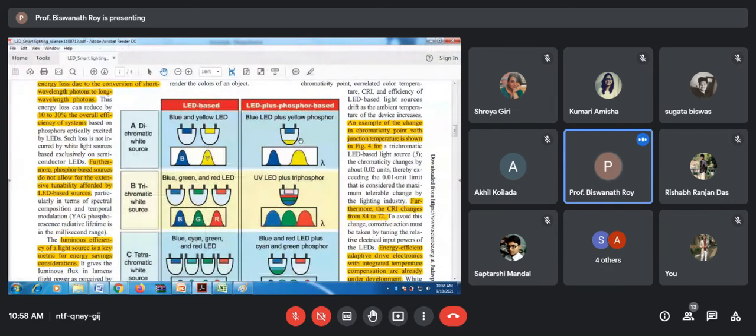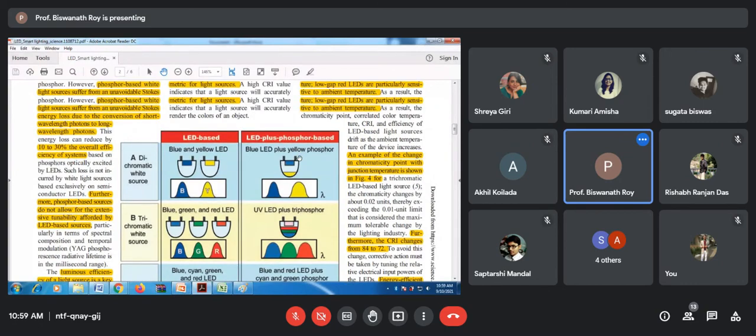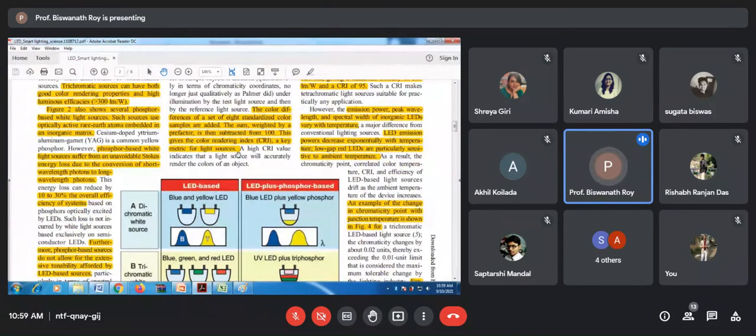R9 is the specific CRI of the 9th object sample, and the 9th object sample is saturated red. So this is the R9 problem associated with these phosphor coated white LEDs, because here red is very, very poor.